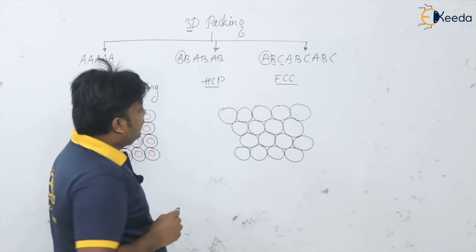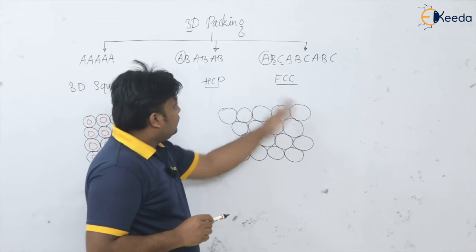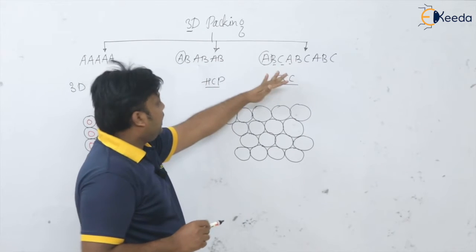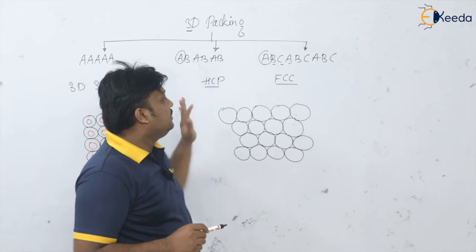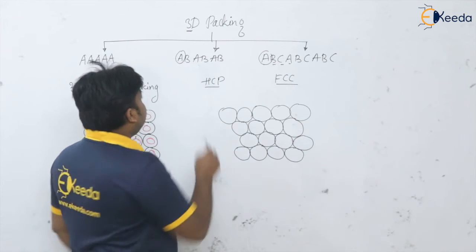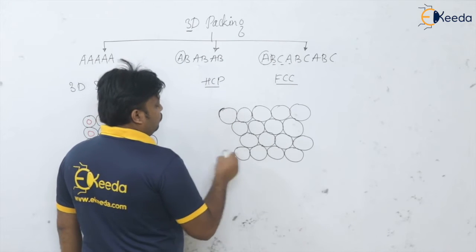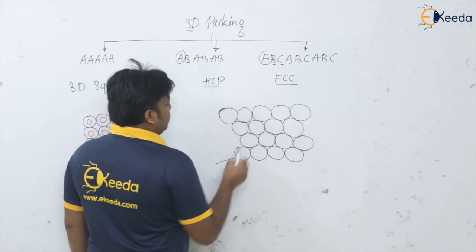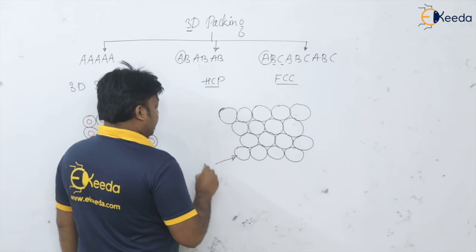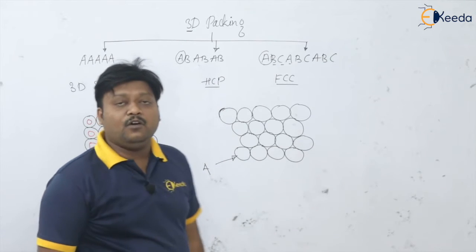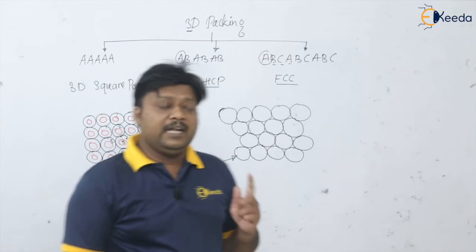So see here, as for both these packings, HCP and FCC, this A layer is the same for both of these. This A layer is the basic layer for these 3D HCP and FCC.